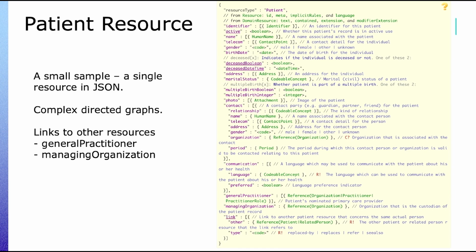We'll see this in the demo coming up. Within that, you also can see that many of these elements are arrays. And then finally, if you look down at the bottom, you could see like general practitioner is a reference to either an organization or a practitioner. So you have to keep this in mind when building FHIR objects or FHIR instances.